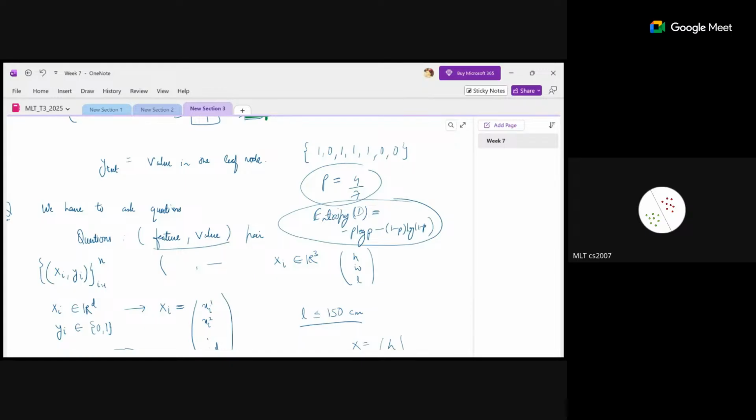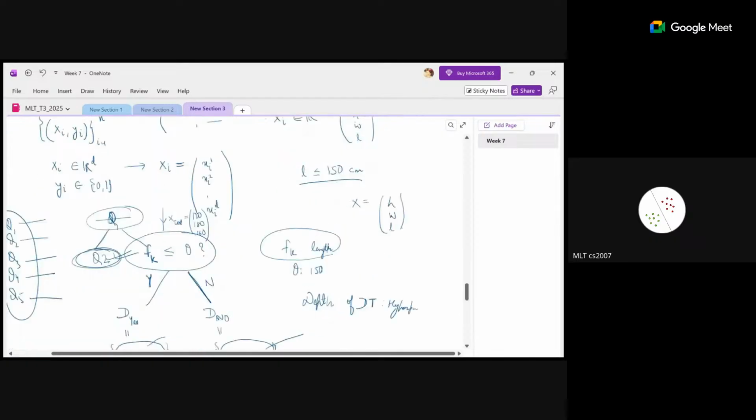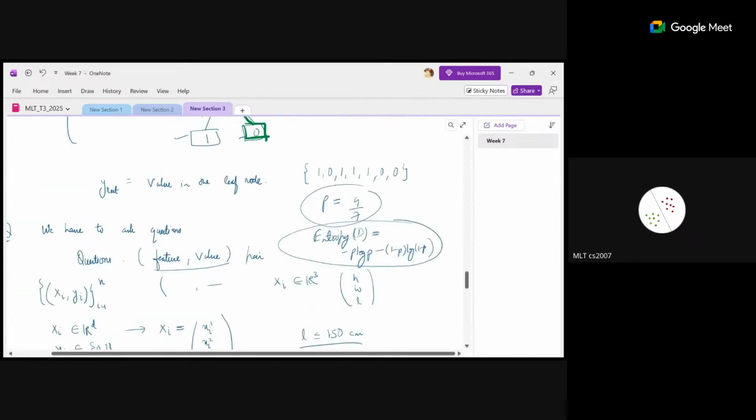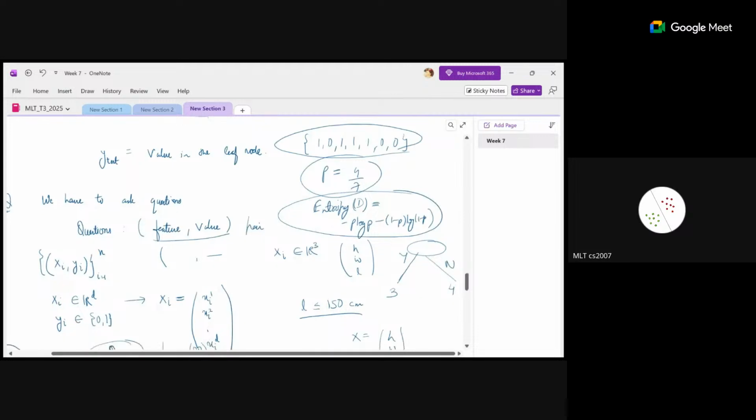Similarly, what should your gamma be? Let's say this is how my labels look, and on one side you asked a question. Let's say three data points fell here and four data points fell here. Then what is my gamma?